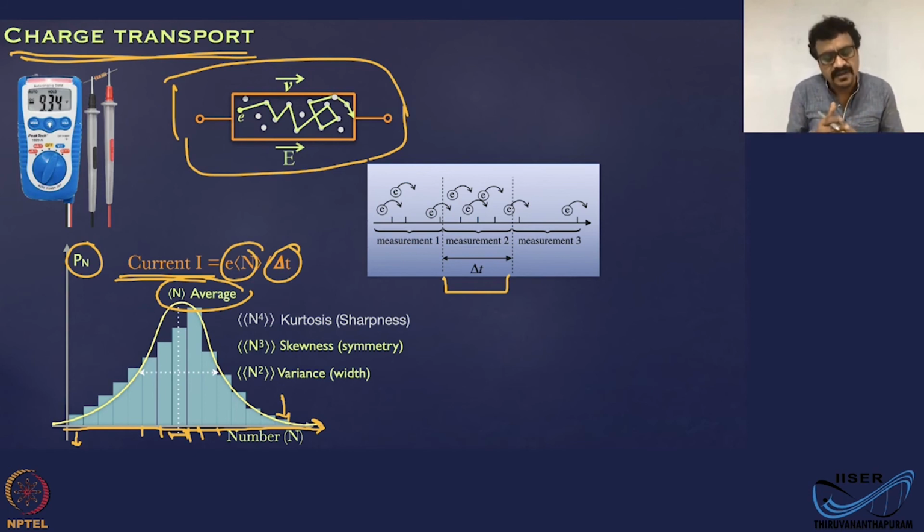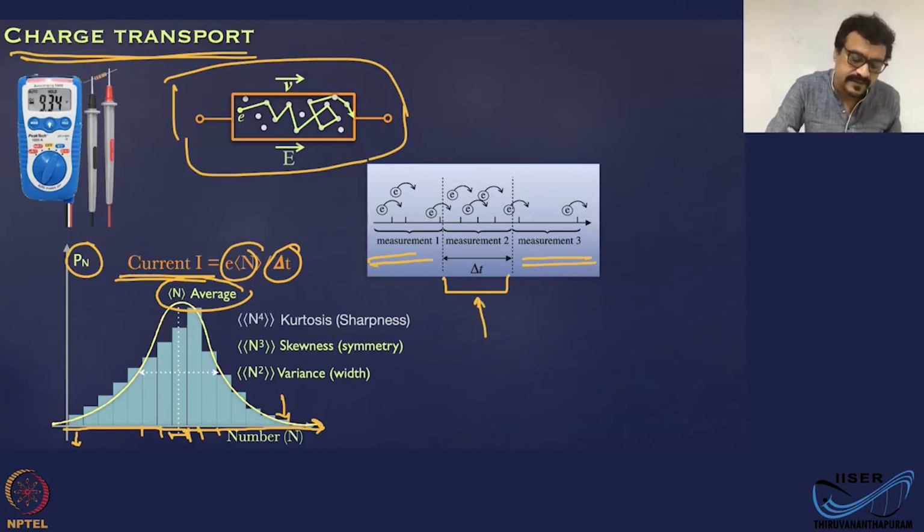When I say same current, the number of electrons are more or less the same. But I'm not saying it is exactly the same number in every snapshot or every instance of interval delta t. If you take measurement 1, measurement 2, measurement 3, most of the time you will be in this bracket if this is n. This n is nothing but the average number which is going through it.